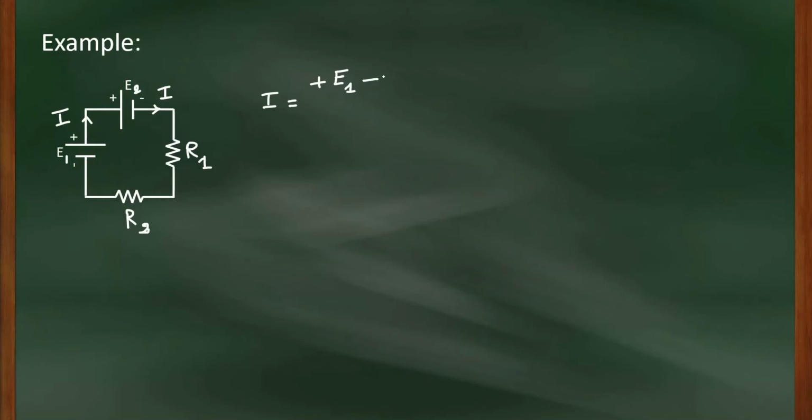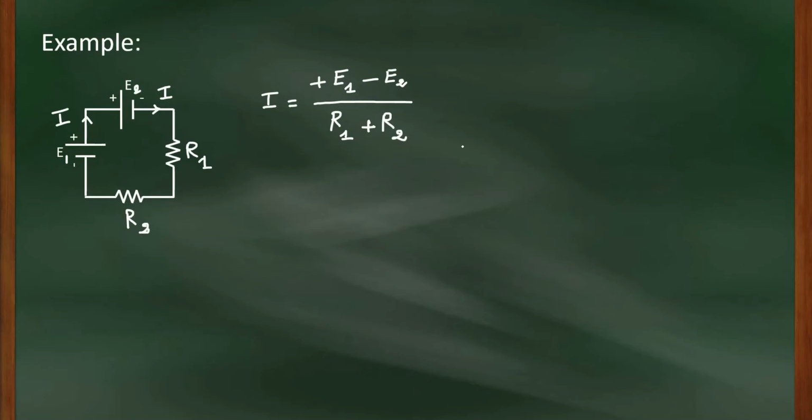So I have minus E2 over the sum of my resistances, which means R1 plus R2.